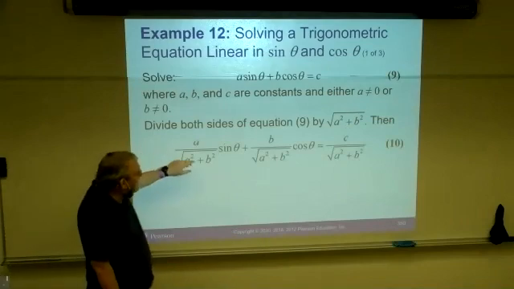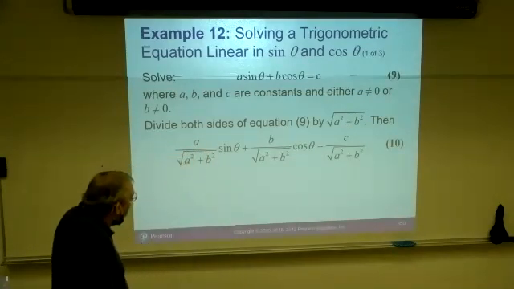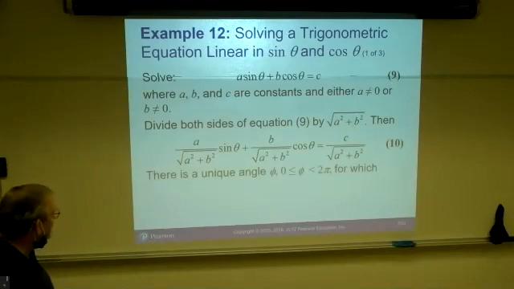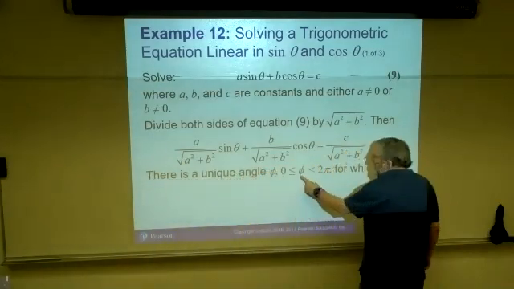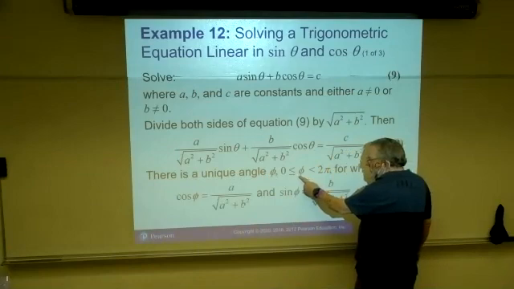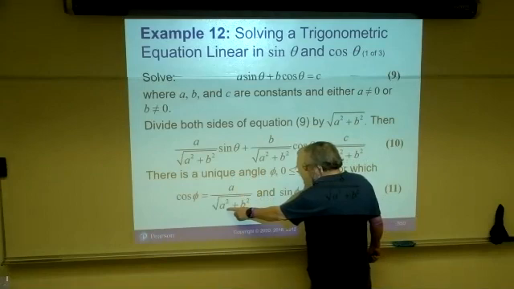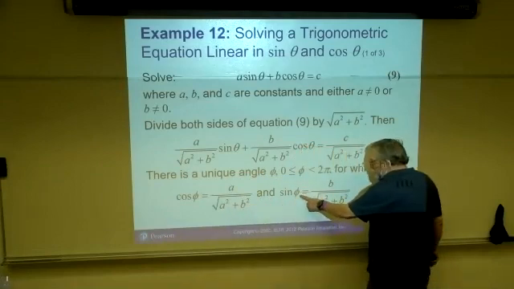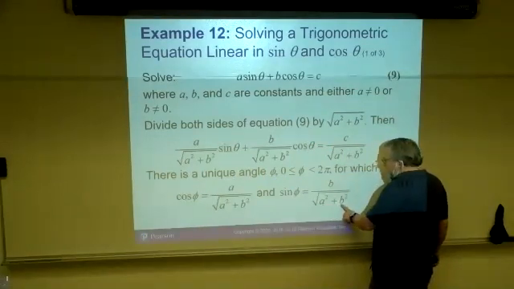And now we can talk about, what can we talk about? And so that means there is a unique angle phi for which cosine of phi equals a over the square root of a squared plus b squared, and sine of phi equals b divided by the square root of a squared plus b squared.